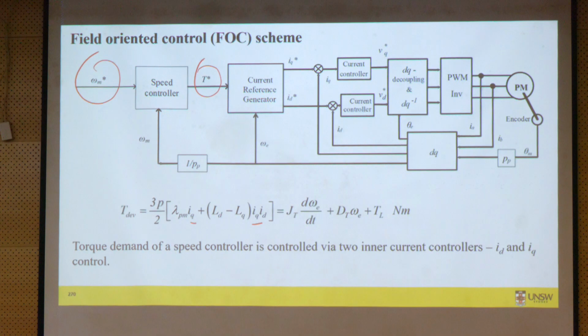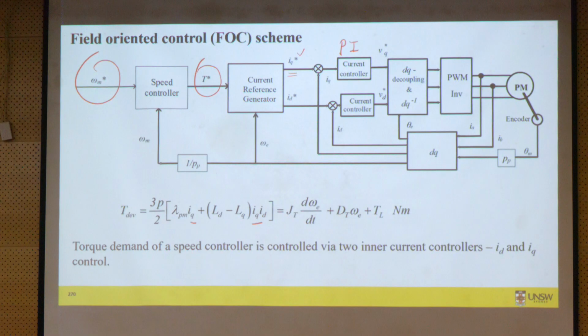So this torque reference gives us a reference IQ current, okay? And we want to control this IQ current, right? And we can do that through a PI controller. So this could be a PI controller, okay? And the output of that PI controller will be the VQ voltage, okay?